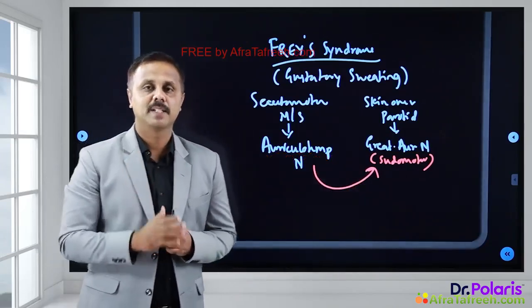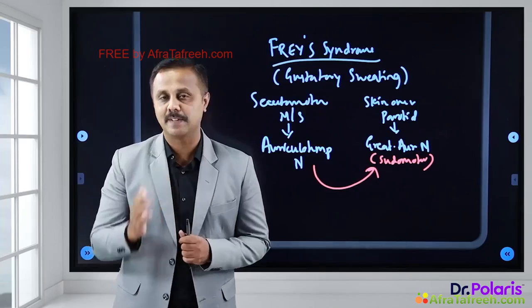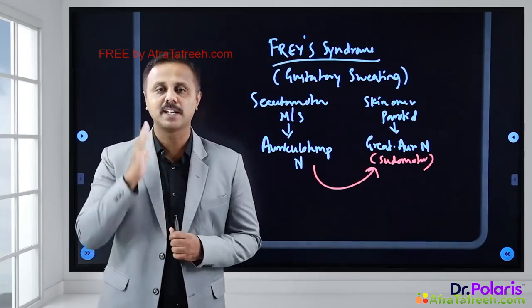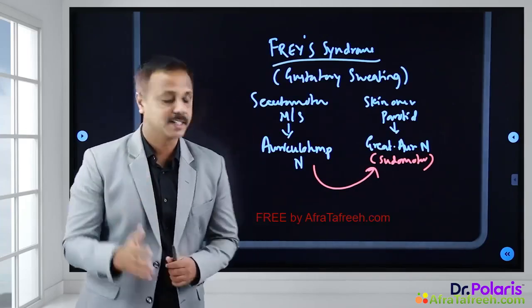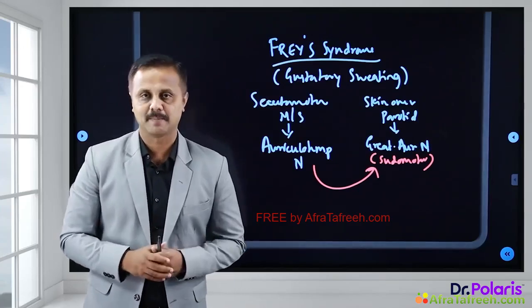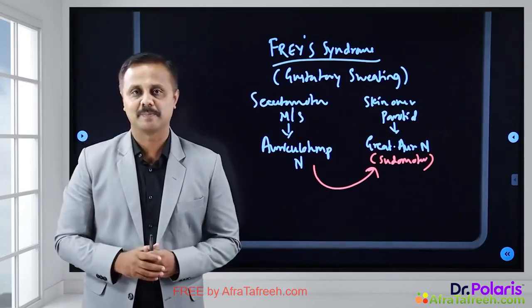So, every time we eat, instead of salivary secretion, there is secretion of sweat over the skin covering the parotid gland. This is the reason why we refer to it as gustatory sweating. This is the anatomical basis for Frey syndrome.